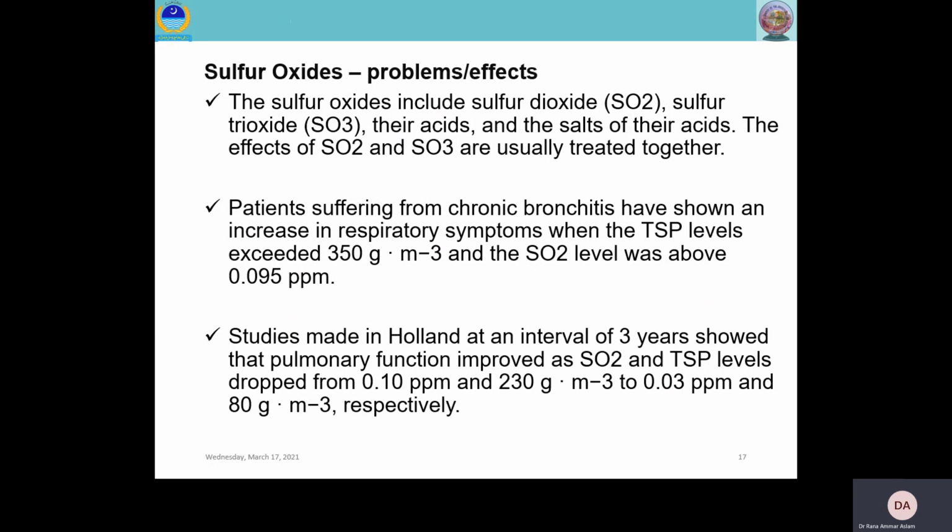And visibility is also another issue which is linked to sulfur dioxide. When sulfur dioxide results in the formation of particulate matter, the particulate matter decreases the visibility.